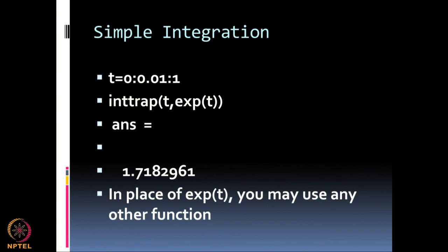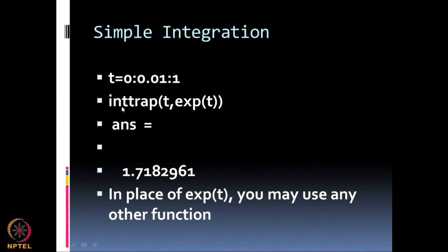After this, we also considered how to use the trapezoidal rule. I discussed it last time, so I will not repeat this part again. You can define a variable t in the range between 0 and 1 with a spacing of 0.01. This is like a do loop. I define all the values of t, 101 values, through a single line.